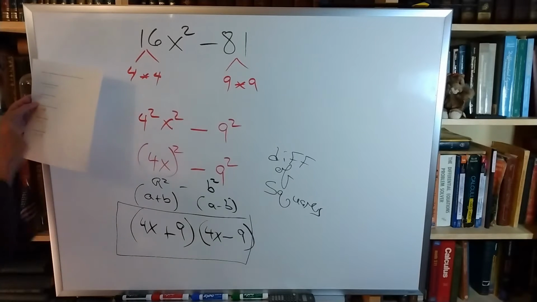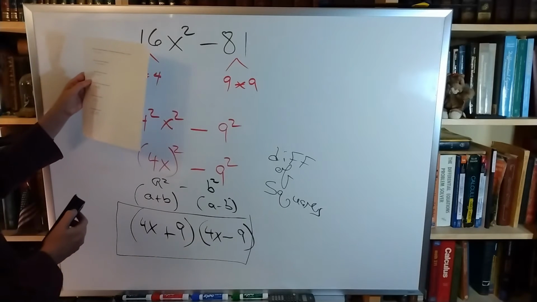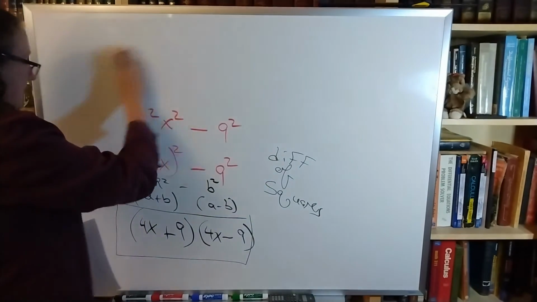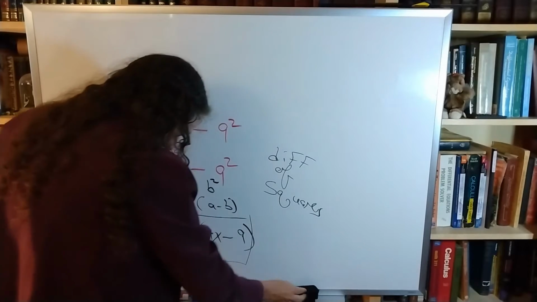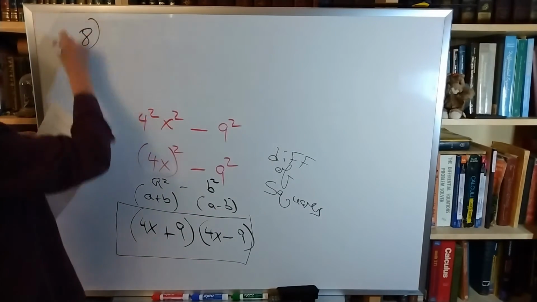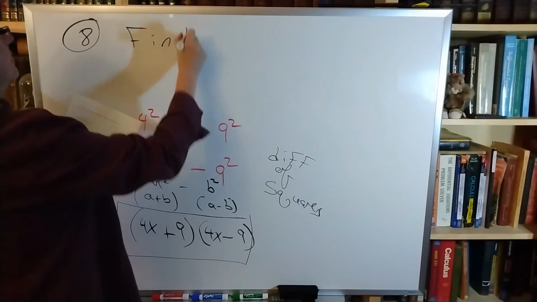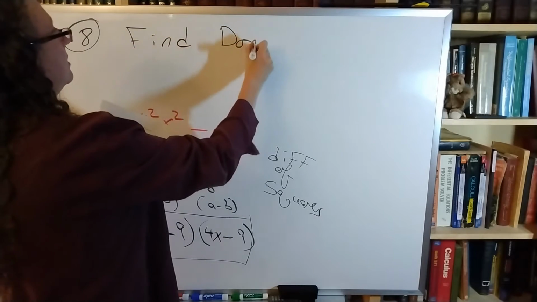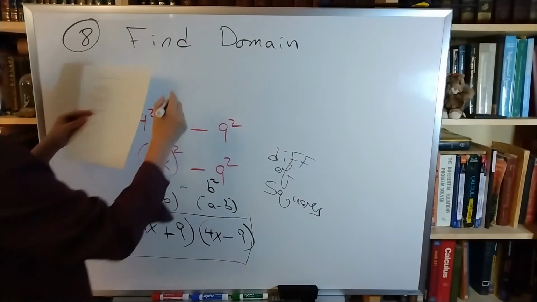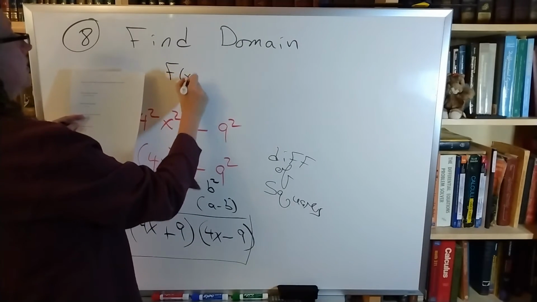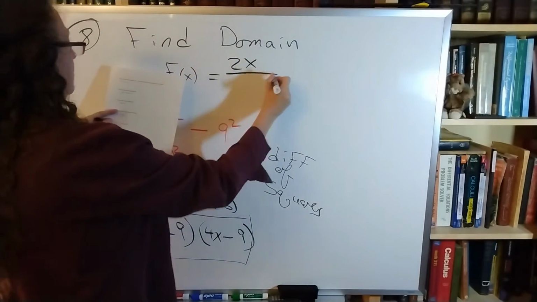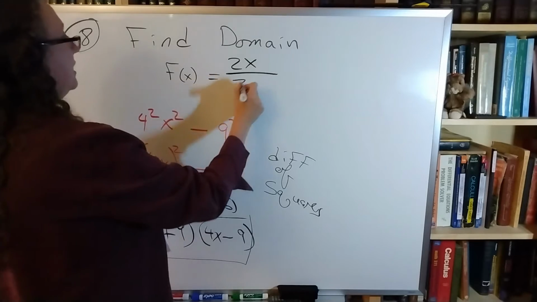Number 8. Find the domain of the rational expression. We have f of x equals 2x over 7 plus x.